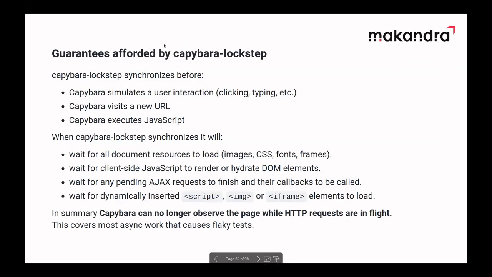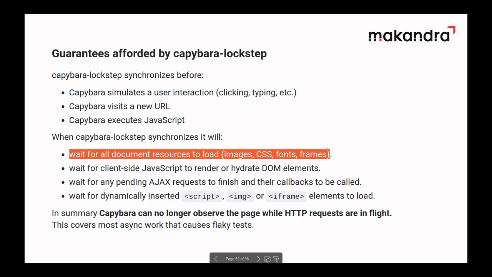Okay, so here are some guarantees that Capybara Lockstep gives you. Whenever Capybara simulates a user interaction like typing or clicking, Capybara Lockstep synchronizes, or when Capybara visits a URL, or when Capybara executes JavaScript. And whenever it synchronizes, it will wait for all document resources to load.